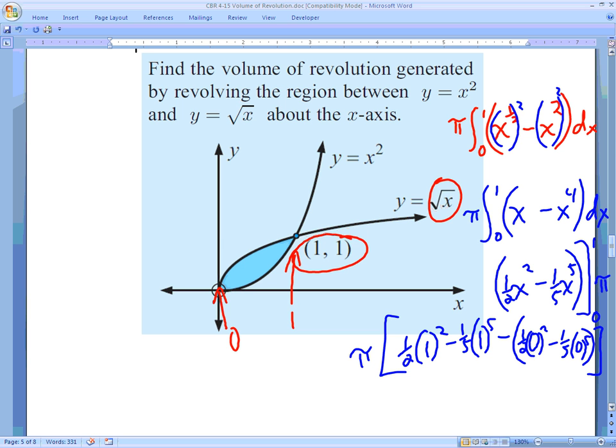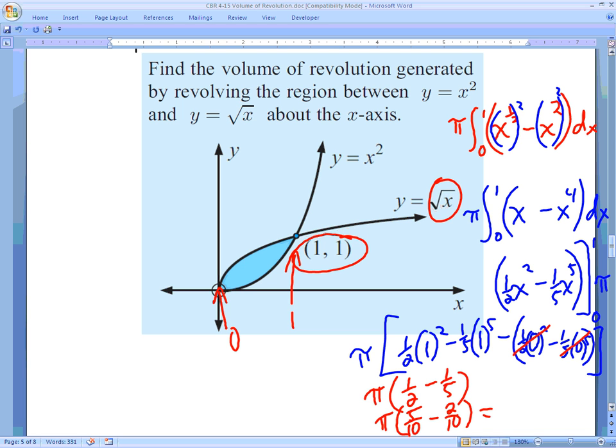All of my zeros over here on the right essentially cancel out. And on the left here, I just end up with 1/2 minus 1/5, all times pi. A common denominator here would be 10, so I have 5/10 minus 2/10, all times pi.